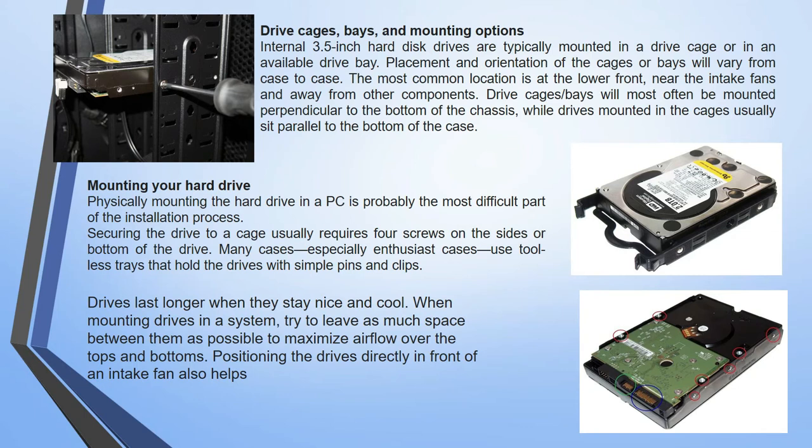Many cases, especially enthusiast cases, use toolless trays that hold the drives with simple pins and clips. Okay, so these are the screws. By these screws you are able to attach it to your CPU chassis.